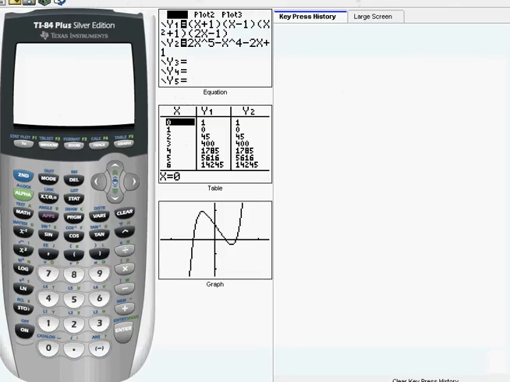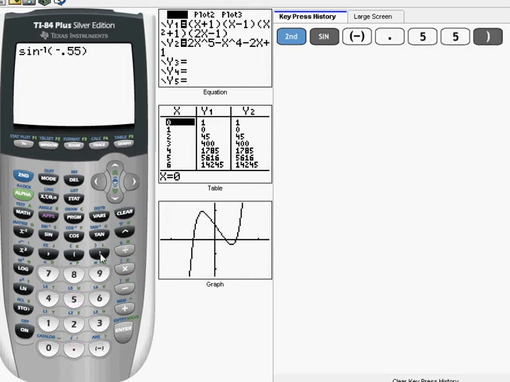So let's do that. I'm going to go second, inverse sine of negative 0.55, close up the parentheses, because that's 55 over 100, enter, and I've been given negative 33. So you understand that the negative part is not really very helpful, okay? The calculator is not smart enough to know which quadrant it's in. That's all there is to it.